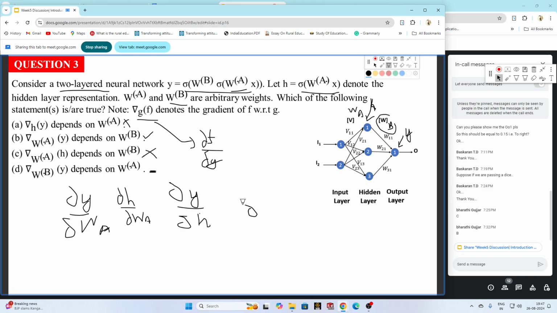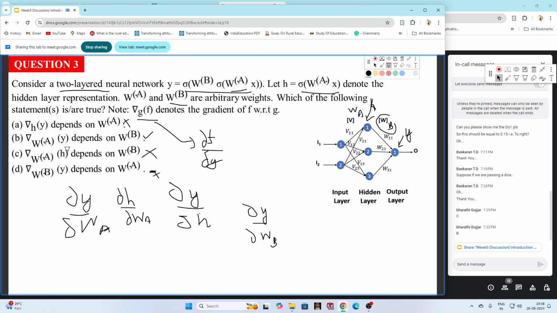Now the last one is del Y with respect to del WB. Here is your Y and here is your WB. Del Y by del WB depends on WA? Let me check once again. Del Y by del H will depend on WB, but it is written WA, so this is false.